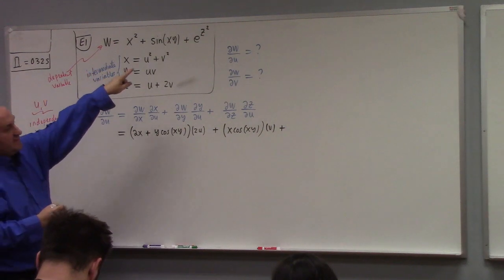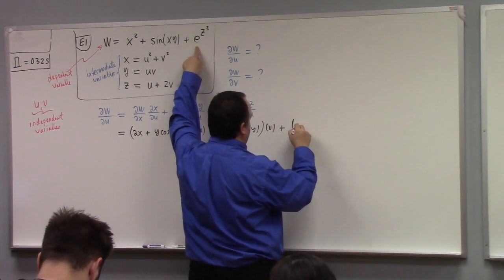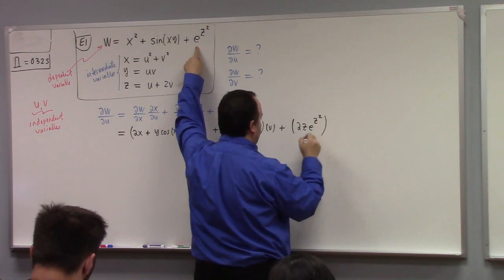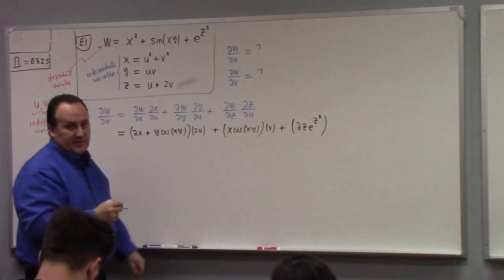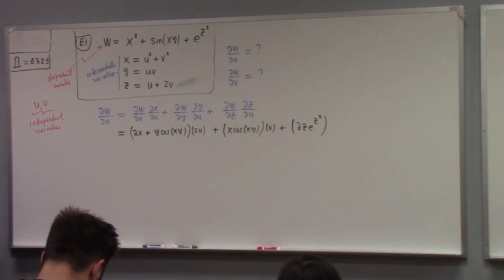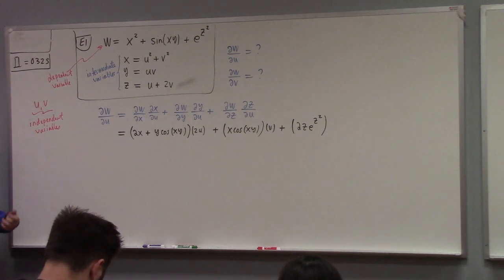There's only one term up there with the z dependence, namely the last one. So how do I differentiate e to the z squared? I get 2z e to the z squared by the chain rule, like Calculus 1 chain rule, of course. And then I have to multiply by partial z, partial u, which is what? I guess I already did it. It's just 1.